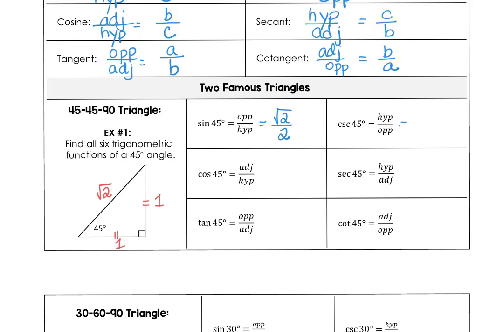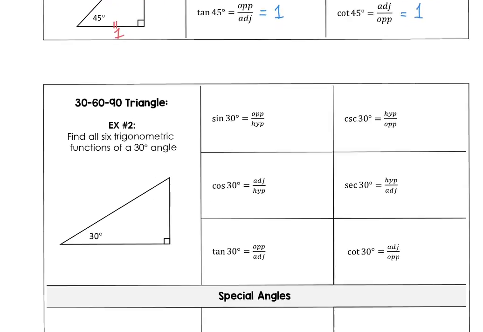So the cosecant would be square root of 2, hypotenuse divided by 1. And cosine and sine in a 45-degree angle are the same. So cosecant and secant are the same. And then tangent and cotangent are both 1. And that's using our special 45, 45, 90-degree triangle from geometry.